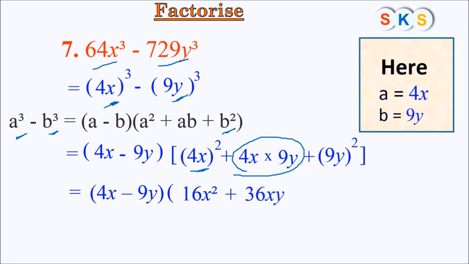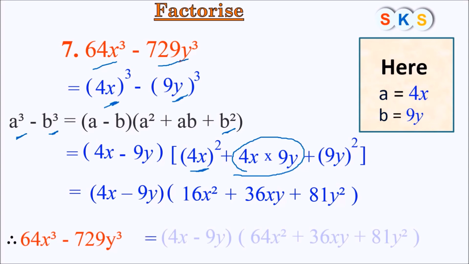So we will write here 36xy plus the square of 9y, which will be 81y square. Now it cannot be simplified further, so the final answer is 64x raised to 3 minus 729y cube is equal to 4x minus 9y times 16x square plus 36xy plus 81y square.